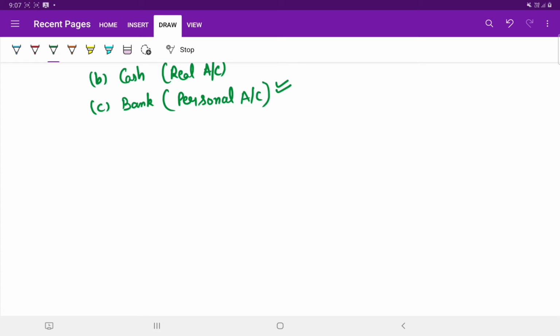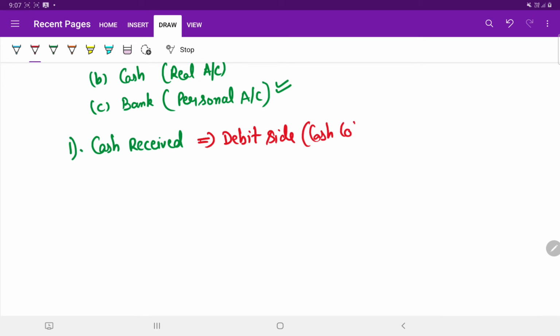Whenever an amount is received in cash, it is recorded on the debit side. Remember this, that cash received will be recorded on the debit side in the cash column. You will have to remember in which column it is to be written.